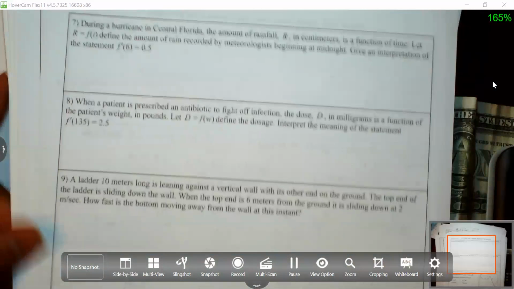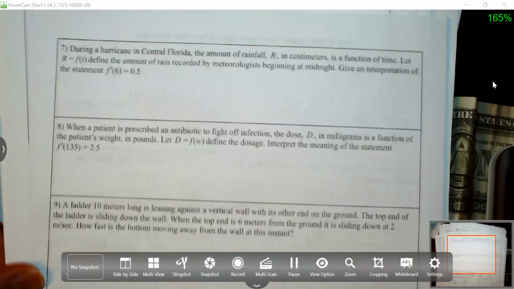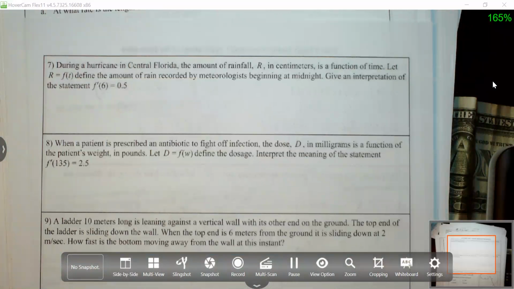Okay, let's move on. Number 7 and 8 is just practice for you writing how to apply the derivative in different contexts. It says during a hurricane in Central Florida, the amount of rainfall in centimeters is a function of time.